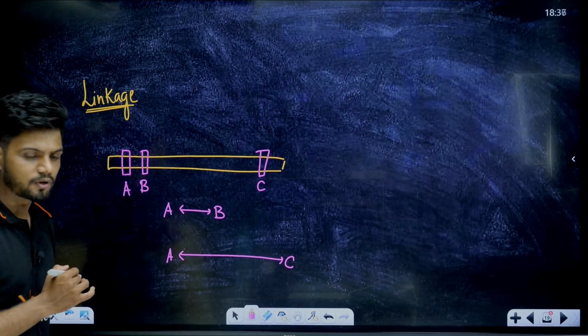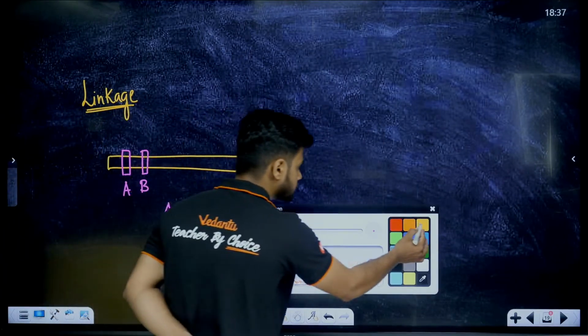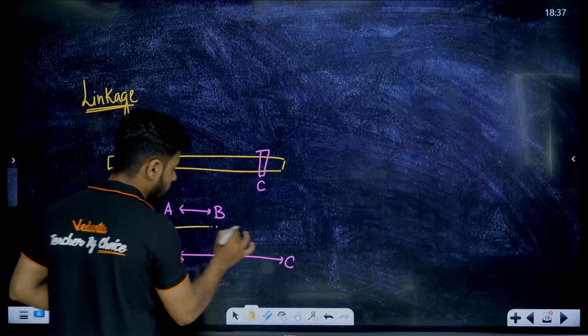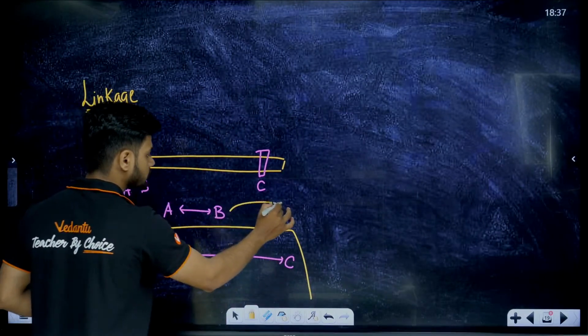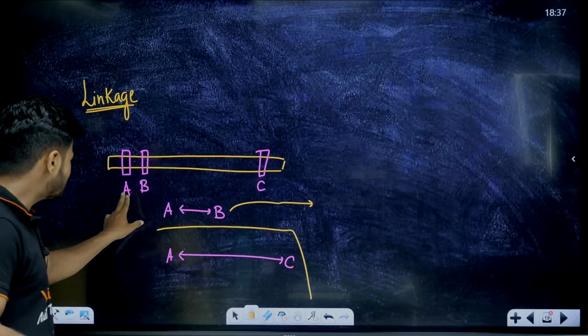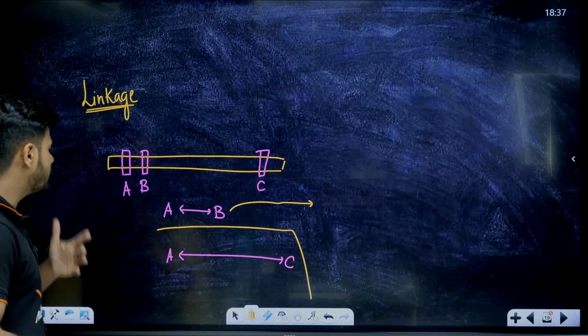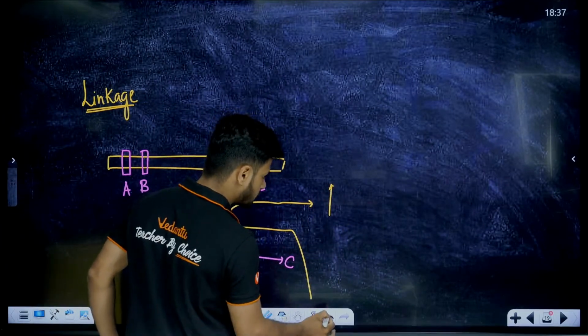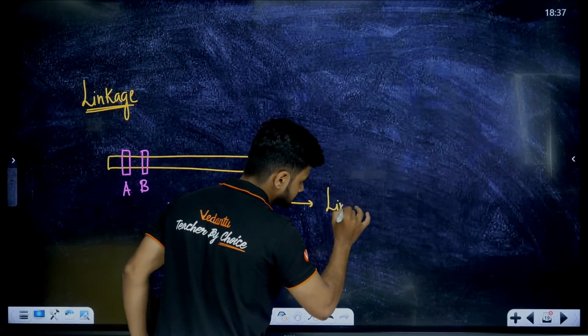Now, listen to me very carefully. Since A and B are very close to each other, can I say linkage between your A and B is very high? Yes, sir. Linkage is going to be very high.